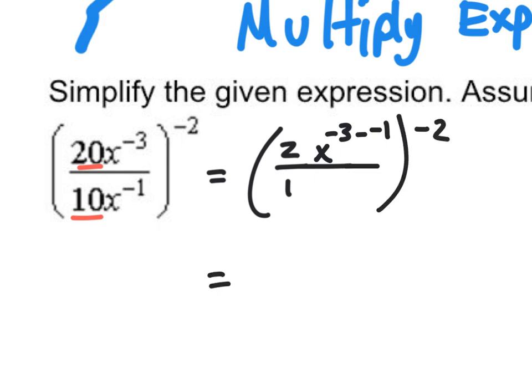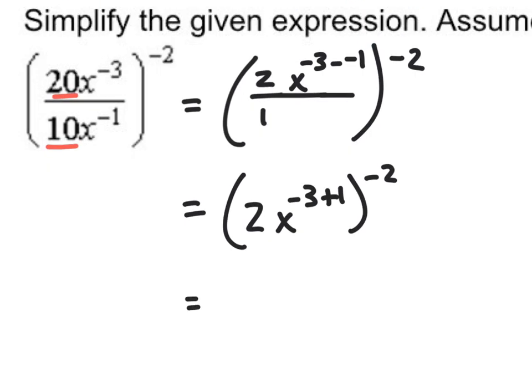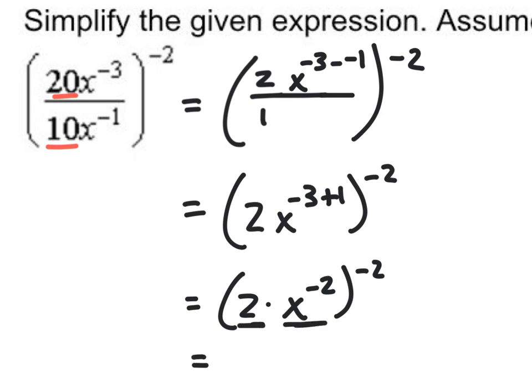So then I'm going to get 2, and this is going to give me x to the -3 plus 1 power, and then raise that to the -2. And then I have 2 times x to the -2, and then raise that to the -2 power.